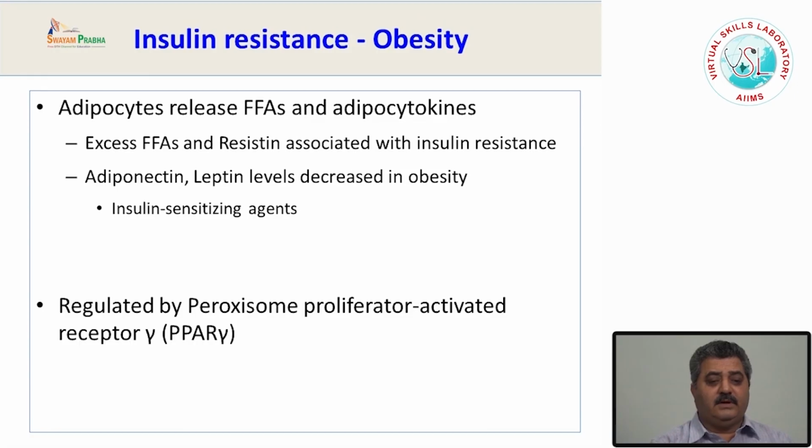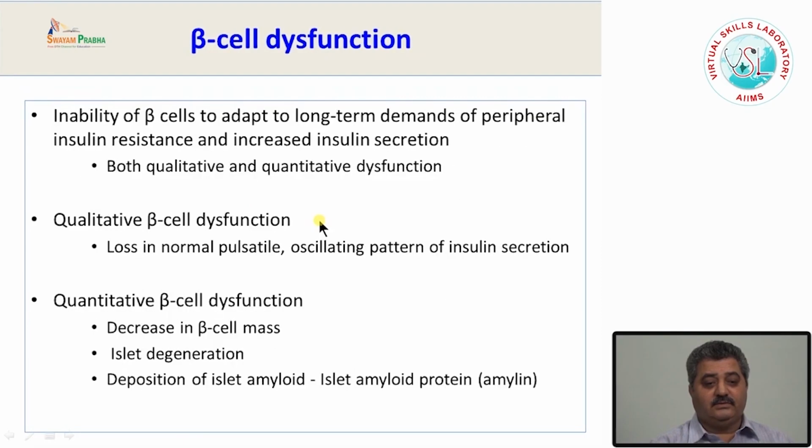There may be some other factors, for example the release of free fatty acids from these adipocytes, which causes insulin resistance, or maybe some adiponectin and leptin levels, which are all involved in the metabolism of fat, which leads to insulin resistance.